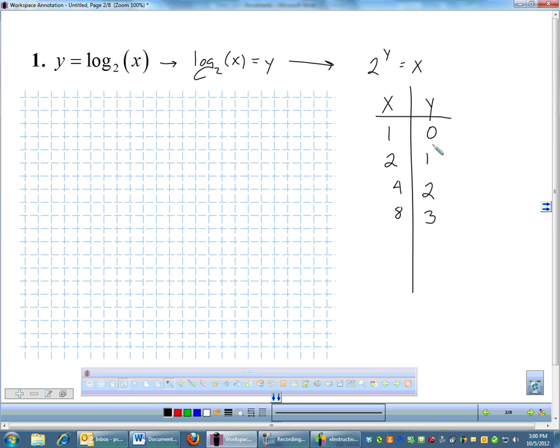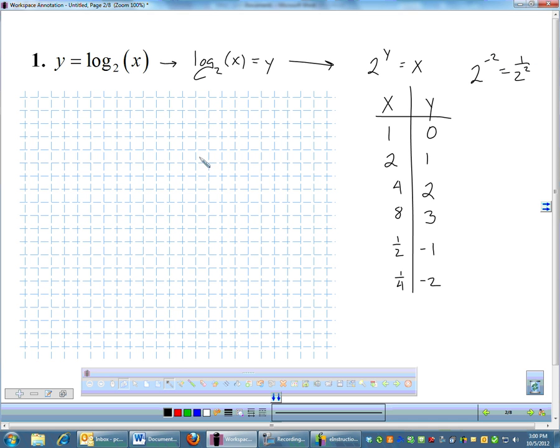Now I don't have any negative y's. Let's try plugging in, say, negative 1. What happens if I plug in negative 1? Well, 2 to the negative 1 power, that's the same thing as 1/2. So my x coordinate is going to be 1/2. If I plug in negative 2 for y, 2 to the negative 2 power, that's the same thing as 1 over 2 squared, which is 1/4.